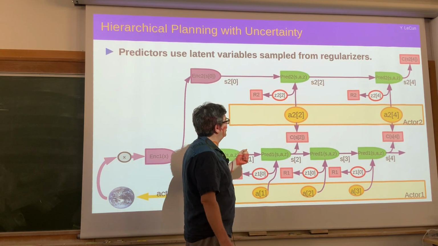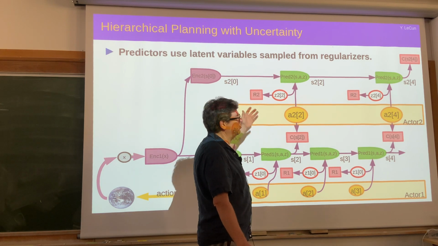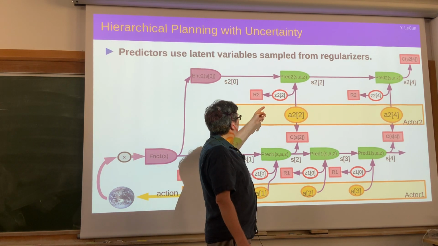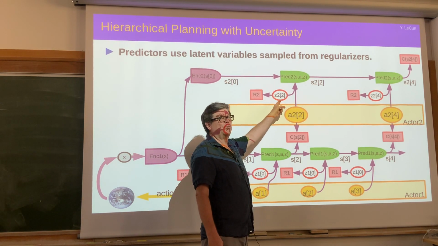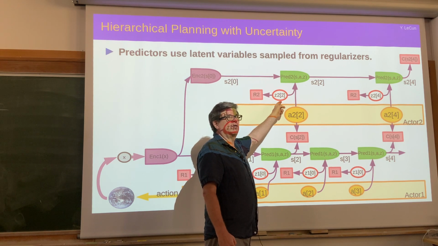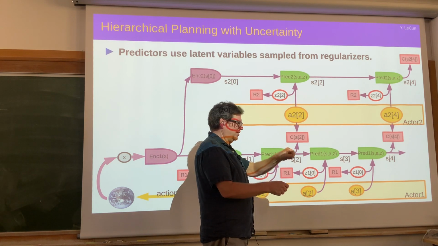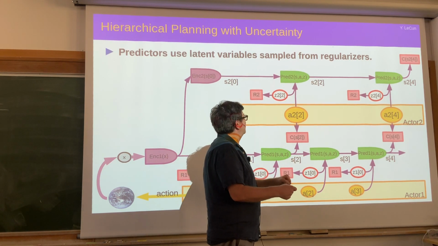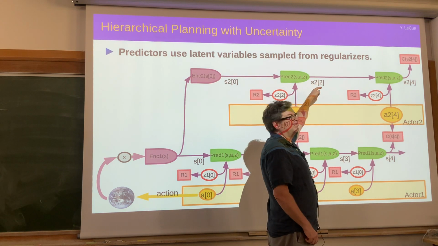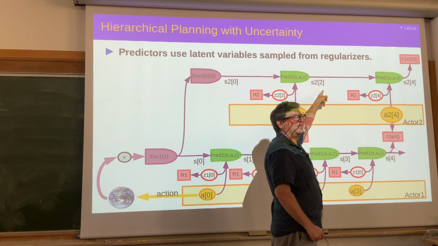Now, if you imagine that this is not going to a train station, but playing chess, then the latent variable here is what the opponent is going to play. I don't know what the opponent is going to play, but for each move the opponent can make, I'll have a different resulting state of the world.